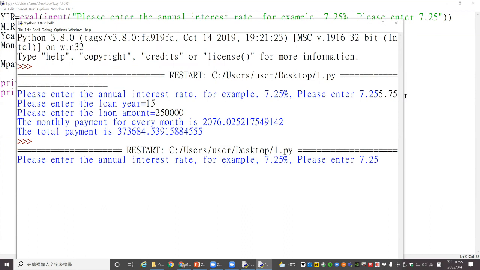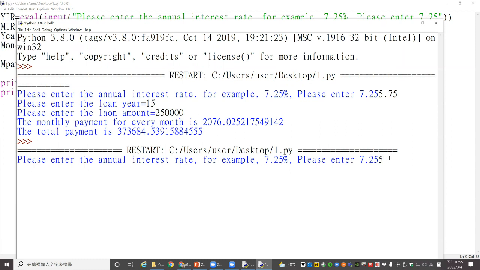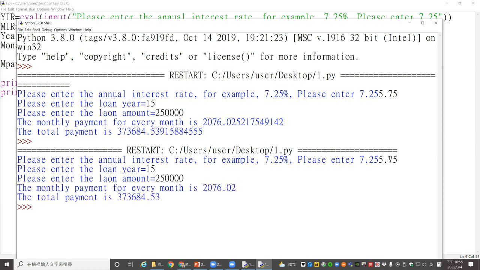This time, of course, we will put the same numbers and check whether the format is correct. 15 again. See, the 2 digits will remove the remaining part. Also it will be 0.53. So even if the number is very large, it is not rounded. It removes the remaining part. It's especially for financial problems here.